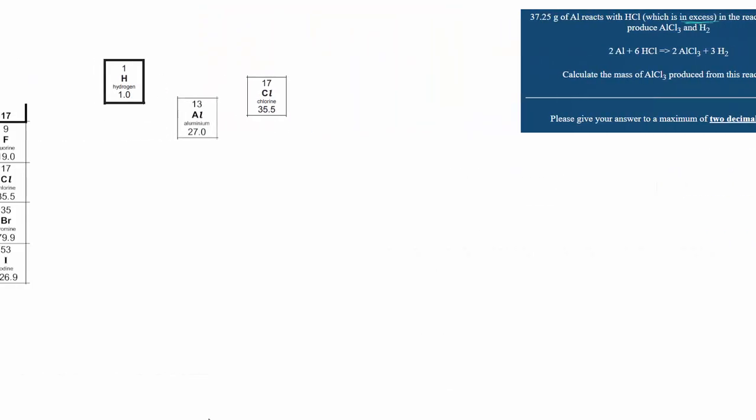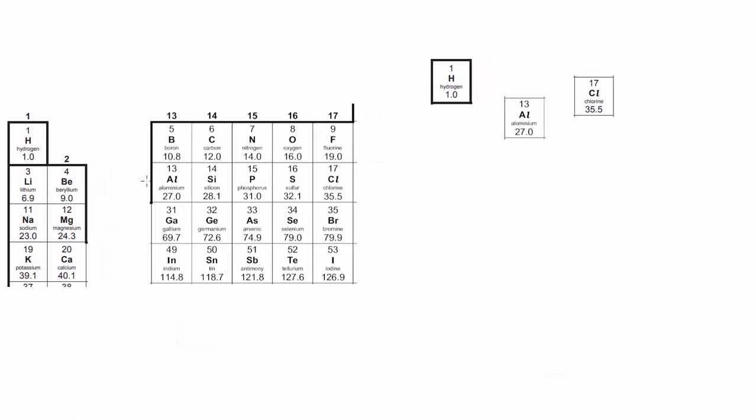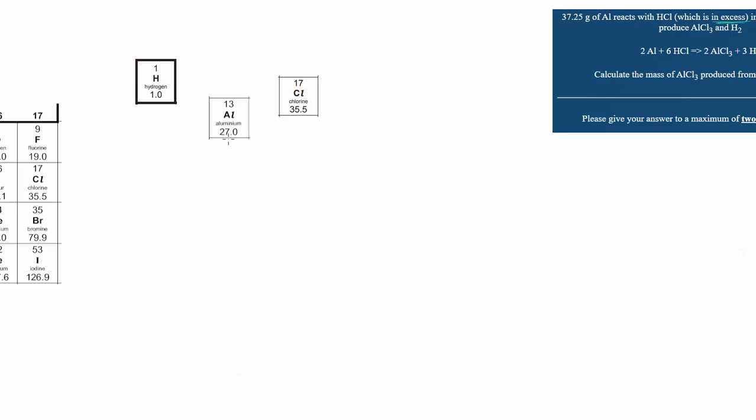Okay, so let's refer to the periodic table. You can see aluminum here, or aluminium, whatever you want to call it. The relative atomic mass is 27, and in this case that's the same as the molar mass.